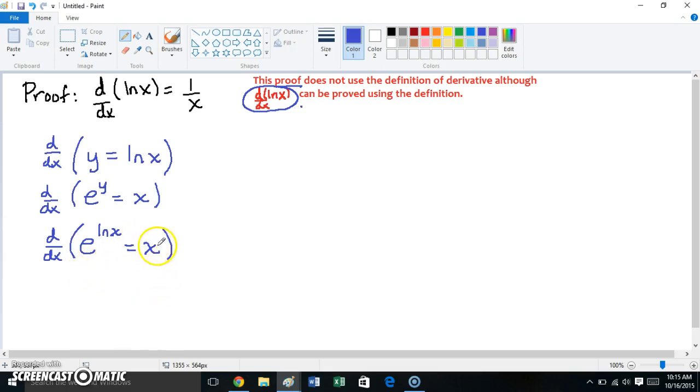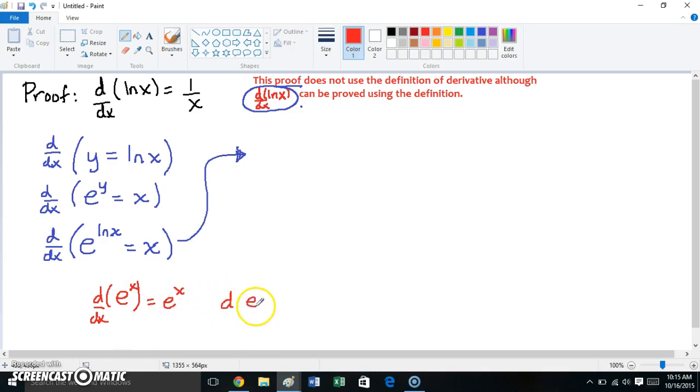Okay, but now I have a function that's written solely in terms of x, and I would like to take its derivative. So we're going to take the derivative of both sides of the equation. Recall the derivative of e to the x with respect to x is just e to the x.